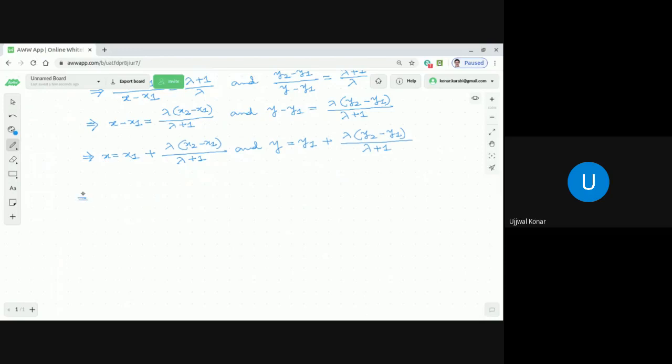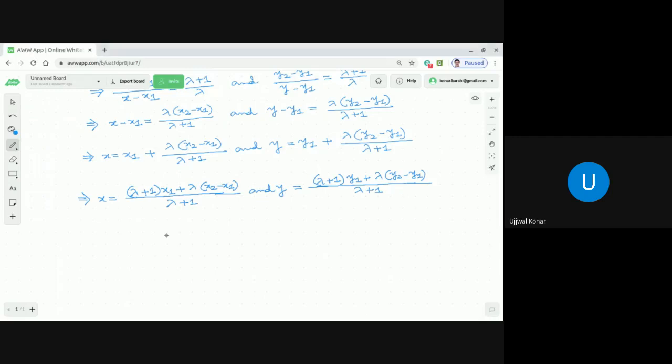This implies x is equal to (lambda plus 1) into x1 plus lambda into (x2 minus x1), divided by lambda plus 1, and y is equal to (lambda plus 1) into y1 plus lambda into (y2 minus y1), divided by lambda plus 1.